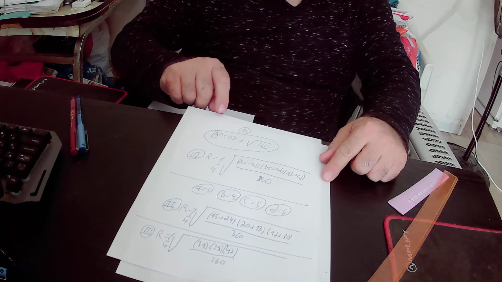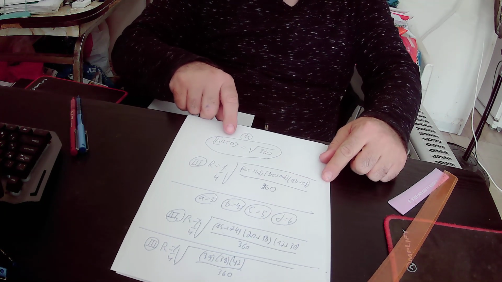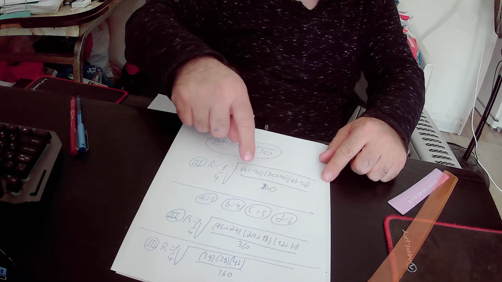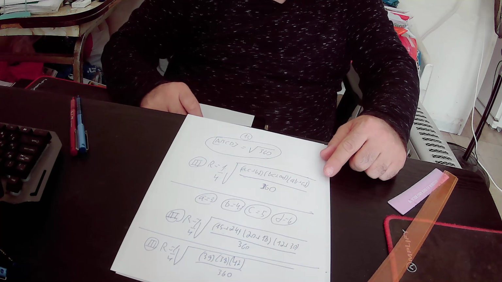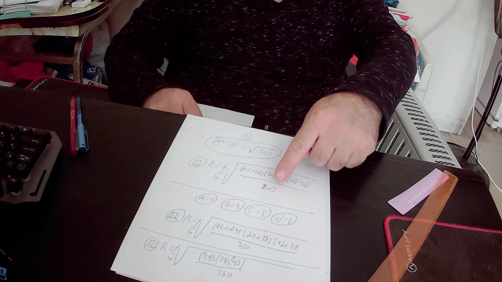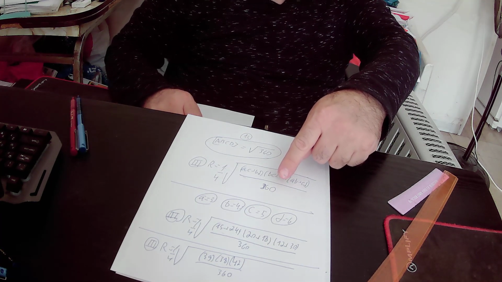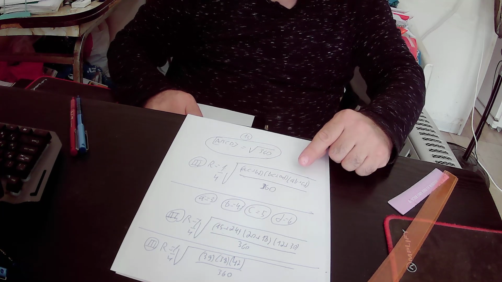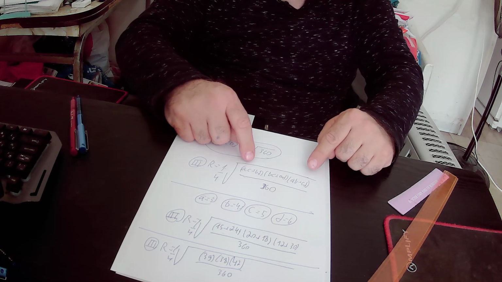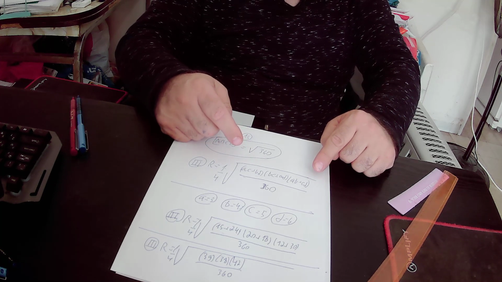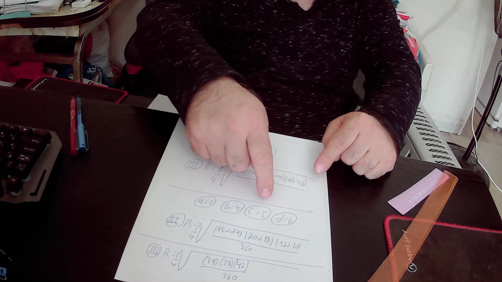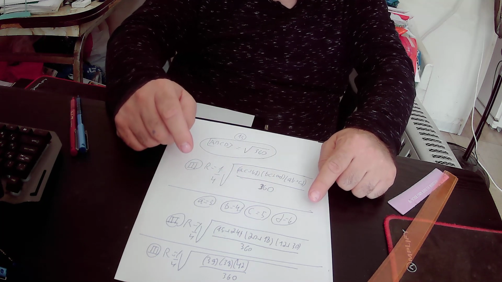So after we found the area of quadrilateral ABCD, we put it inside equation number 3. We substituted the area of quadrilateral ABCD by the root of 360, and here we have A, B, C, and D, whose values we know: A equals 3, B equals 4, C equals 5, and D equals 6.